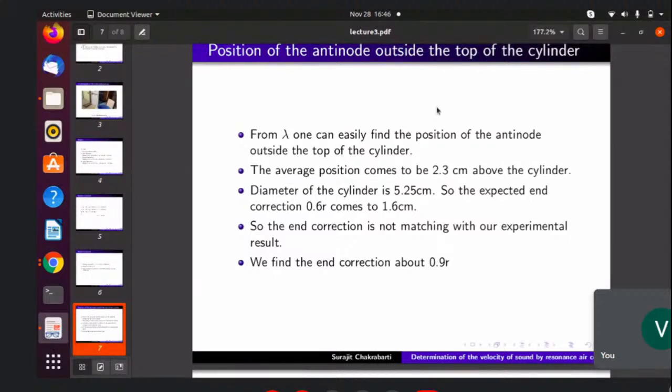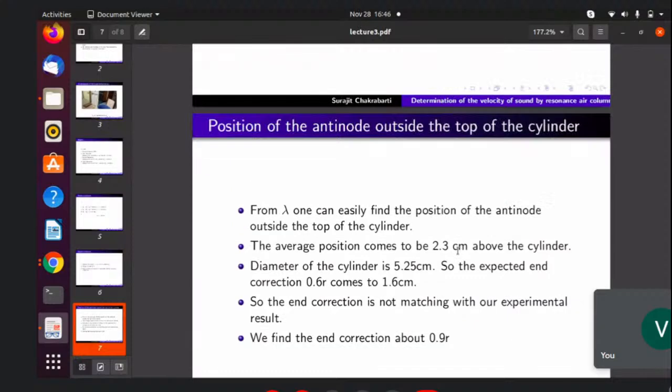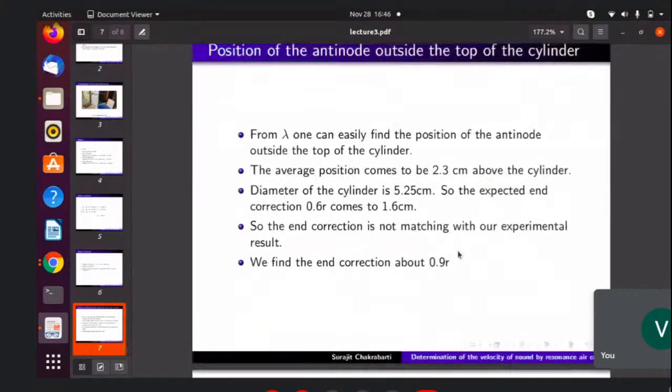So he deduced a relation to give that this position of the antinode will be outside the cylinder by a length of about 0.6 r, where r is the radius of the cylinder. Now, when I calculate this, I get a different value, about 0.9 r. But I am getting the value of the sound very good. So I cannot say that my finding is wrong.